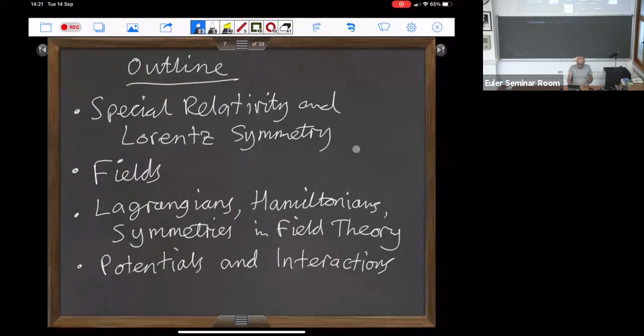And with these fields, we will try to understand mathematically the physics of classical fields, and that involves things called Lagrangians, Hamiltonians. There'll be other types of symmetries that we will see, and then in the last part of the course we will talk about interactions of these fields.